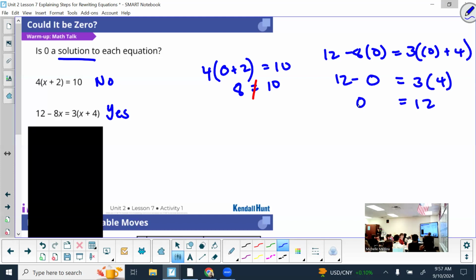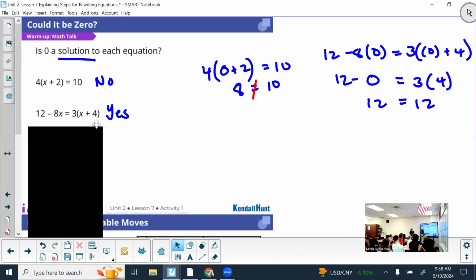You said 12 minus 0 is 0. Okay. But yes, so since she said yes, this is what she did. She did get something that is true, so that is why she said yes, 0 is a solution to this. Make sense? Any questions? Plugging it in and seeing if it makes something that's true, I think would be easier than trying to solve this in your head, in my opinion, trying to isolate the variable in your head.